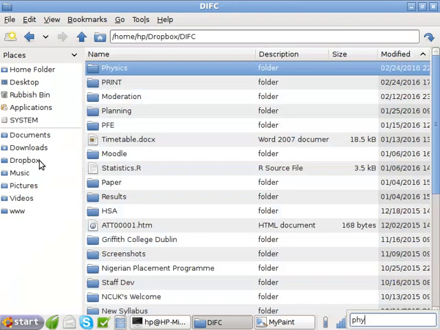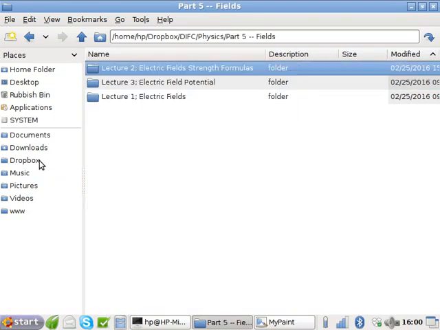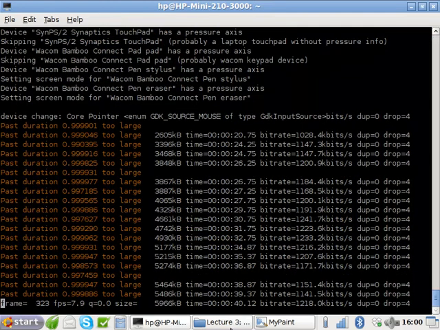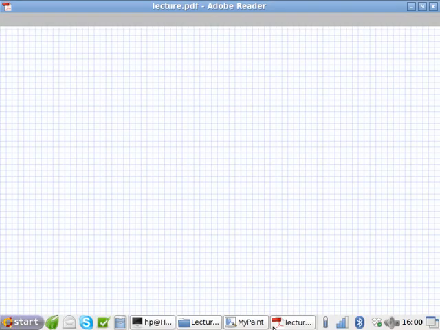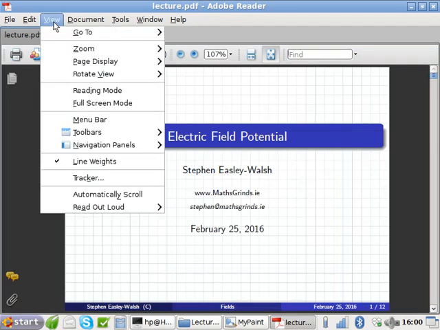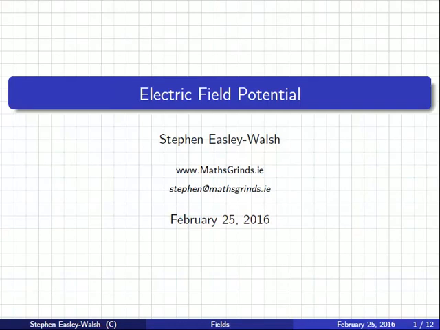Dropbox, DIFC, physics, fields, lecture 3, electric field potential. Got this?